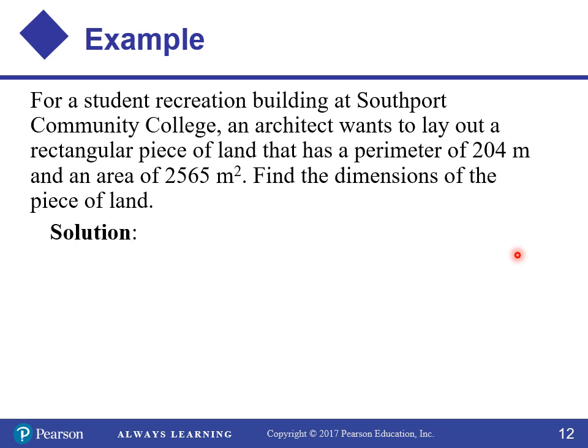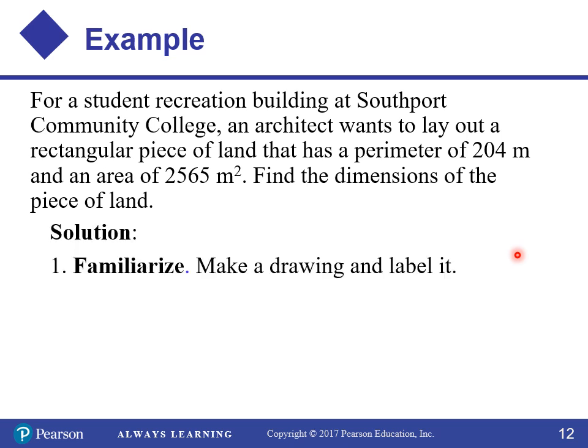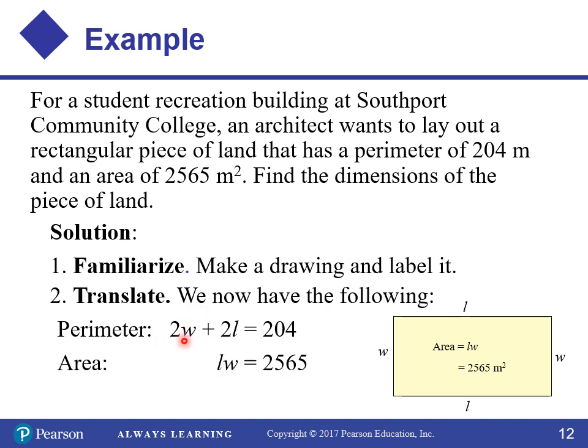So if we start by making a drawing, we're going to label W for the width and then L for the length. We know the area formula is just length times width. And for perimeter, we know that we can do 2 W's plus 2 L's and it's going to equal the 204. So this gives us our system of equations.